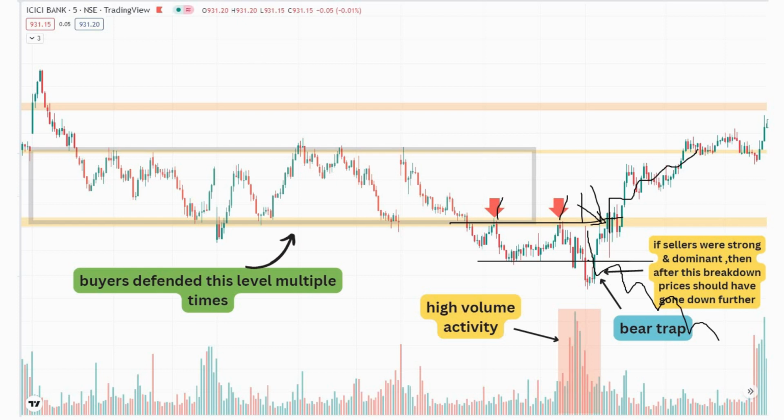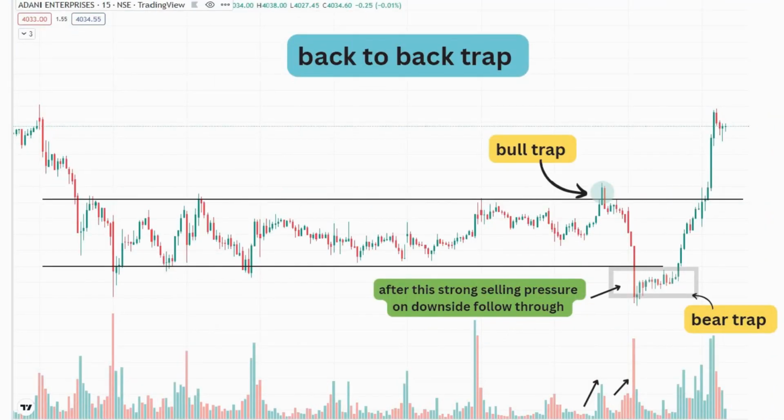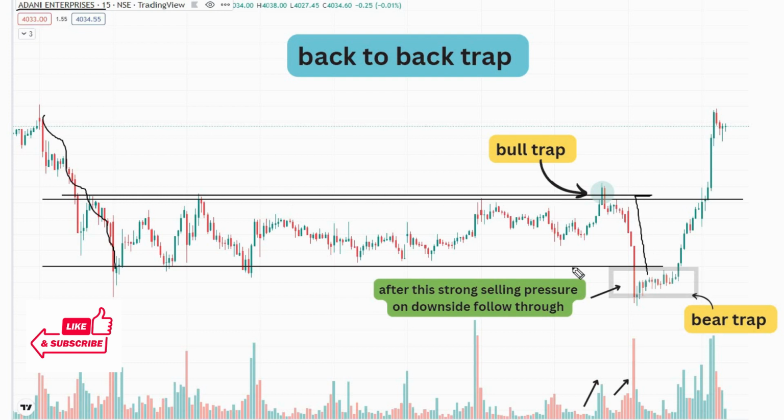Now we will look at another example. See, this is the chart of Adani Enterprises. After the strong sell-off, Adani Enterprises created a range. Buyers defended from here, and sellers tried to defend the resistance zone from here and here.